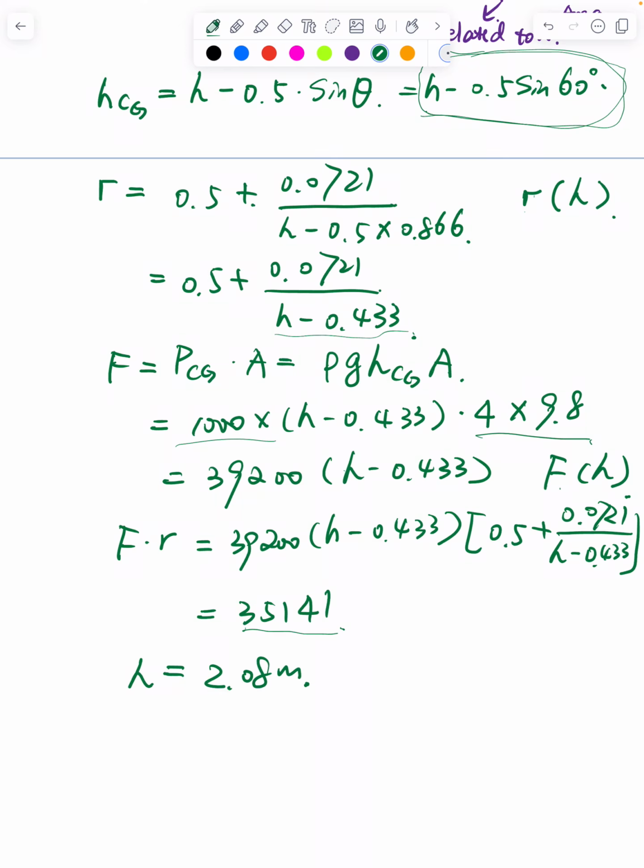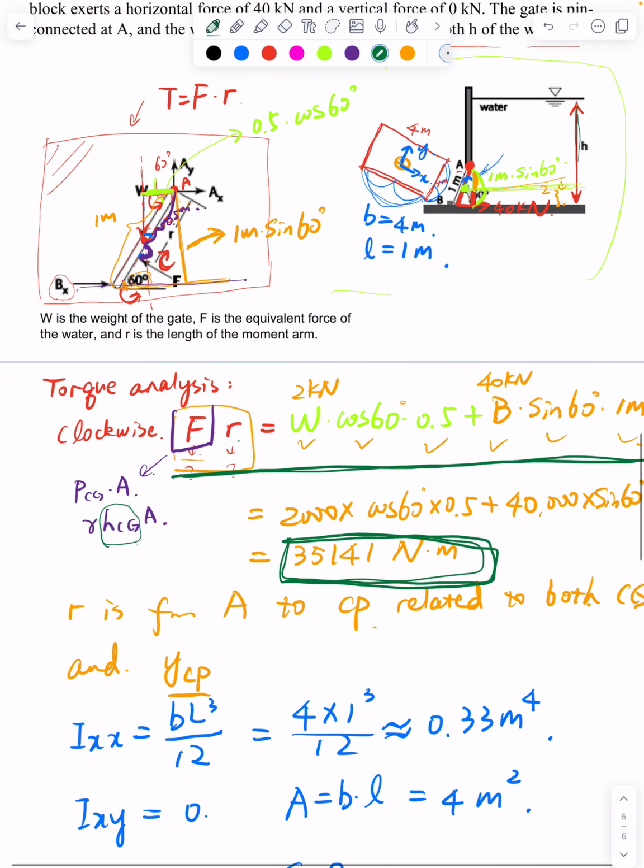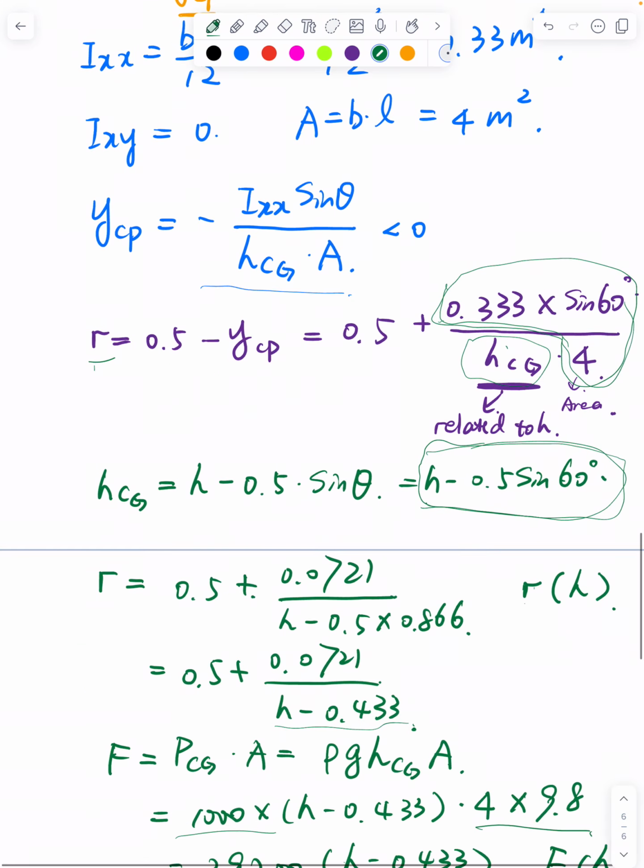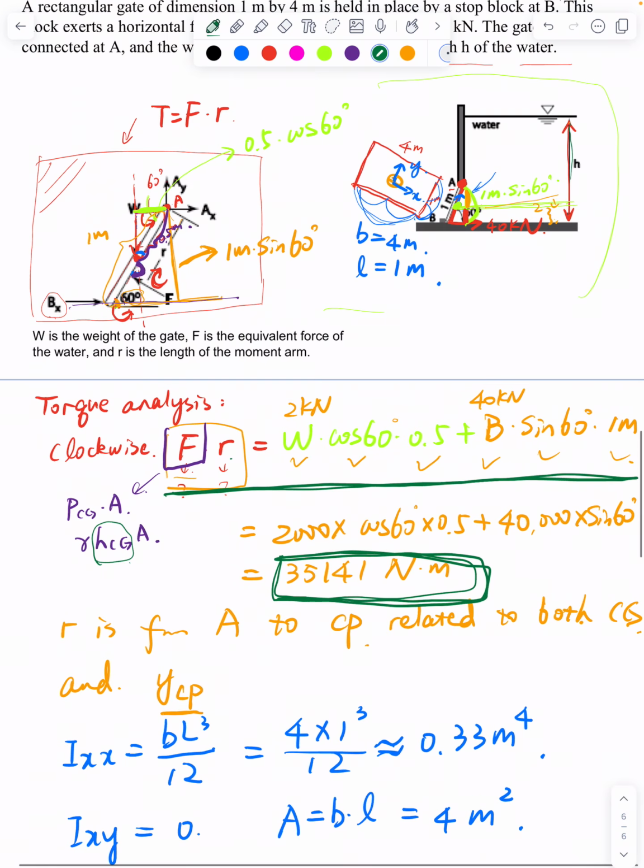It's a long procedure, and right now I want to do a walkthrough from the very beginning. We can divide it into 2 or 3 parts. The first part is the torque analysis till here.